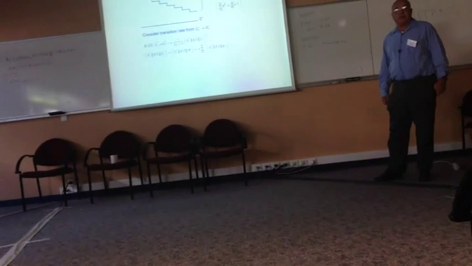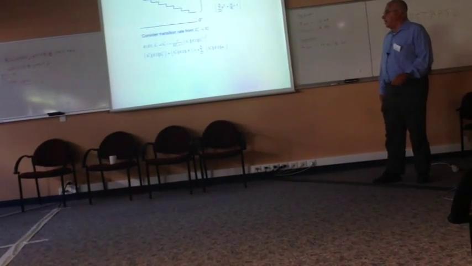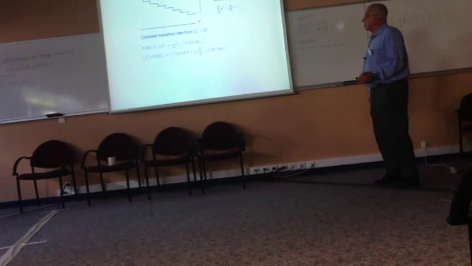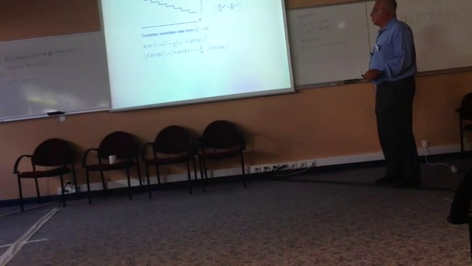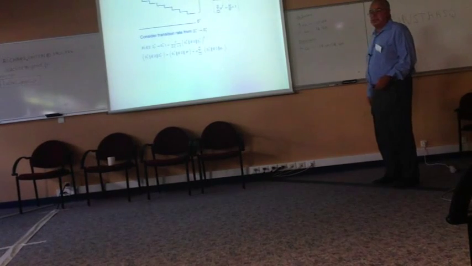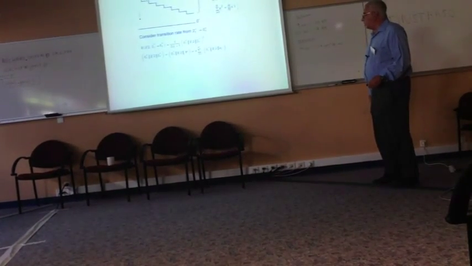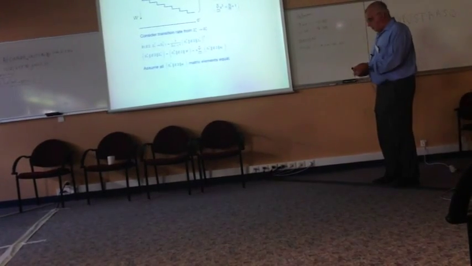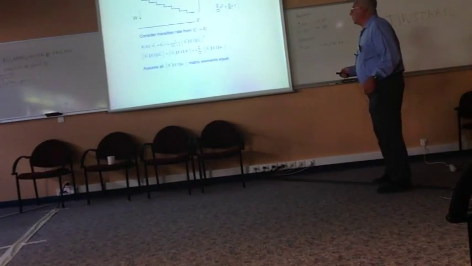Is that clear? And now I'm going to make the approximation that all these individual ones are equal. That is, the matrix element for each of these initial unperturbed states to the 0+ is the same. And I'm going to call that W.